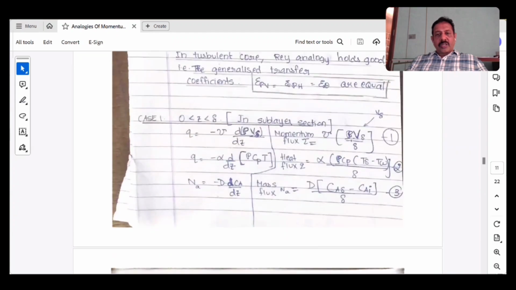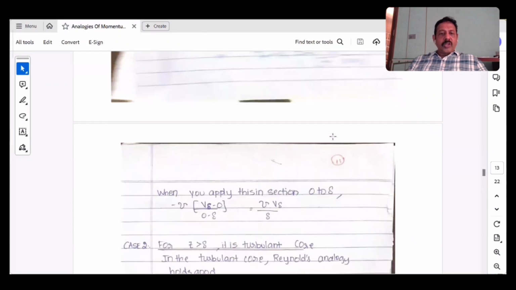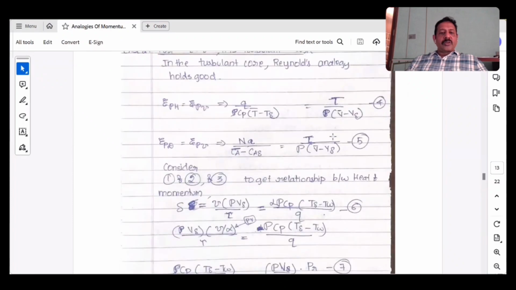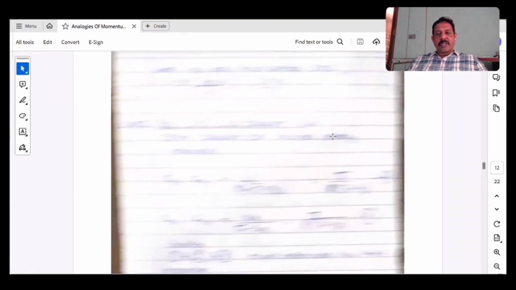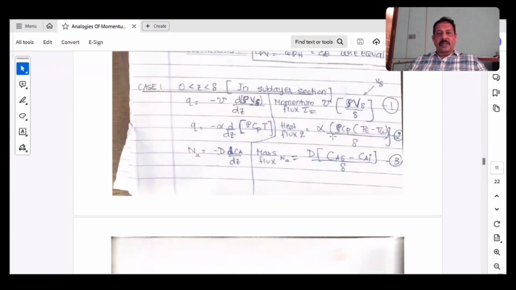Delta is equal to mu by tau into rho v, that is, kinematic viscosity by tau into rho v delta. I have written this equation and am modifying it to write in terms of delta. So delta is equal to mu by tau into rho v delta.